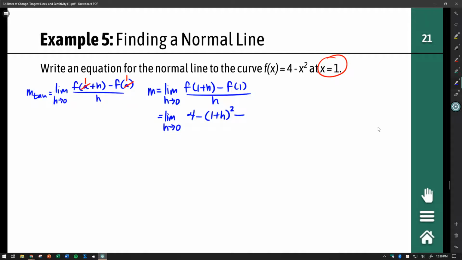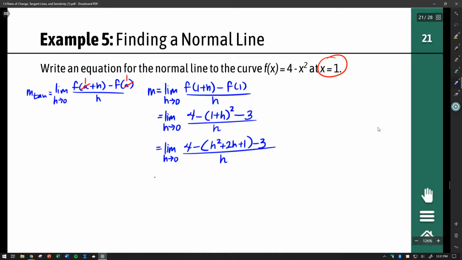You plug a 1 into this function, we're going to have a 3 on the output. This is all over h. In my next step, I'm going to expand the 1 plus h quantity squared. So we have the limit as h goes to 0 of 4 minus 1 plus h quantity squared, which is h squared plus 2h plus 1, and then we're going to subtract a 3 again, all over h.